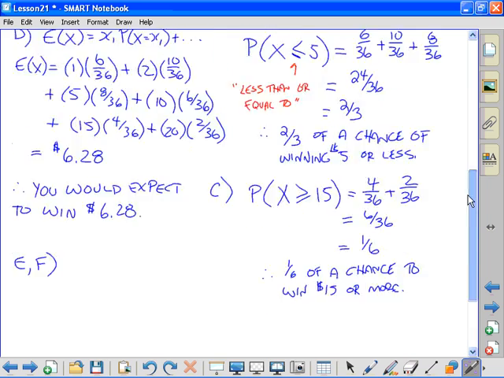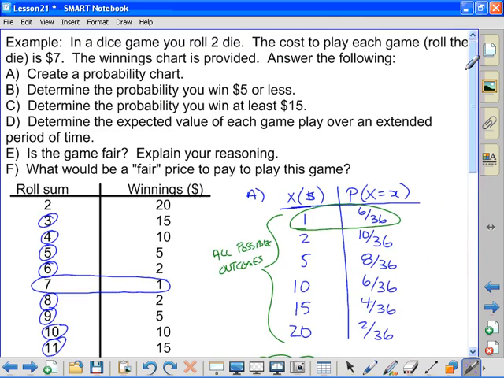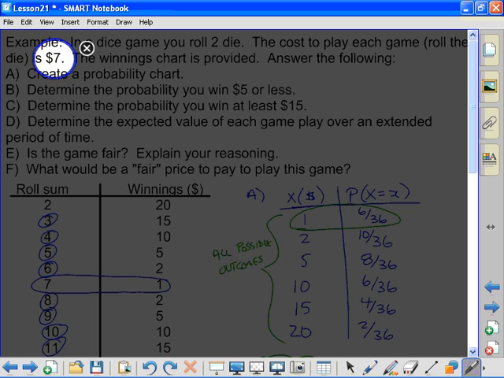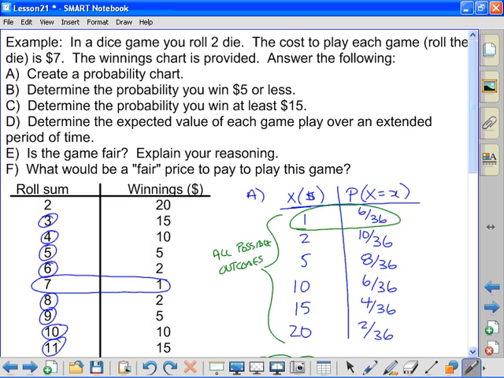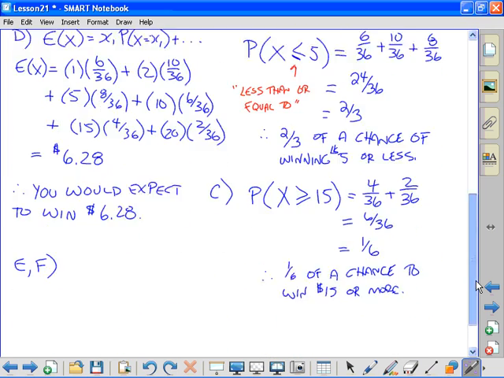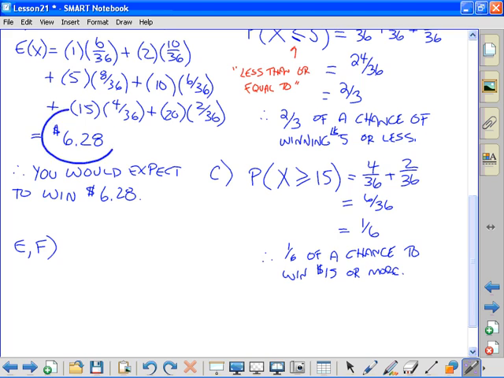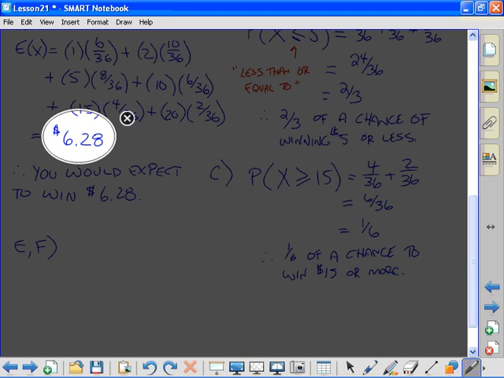To get into this game, for me to roll the dice, I had to pay $7. So if I have to pay $7 to roll, and over a long period of time, if I keep playing this game, I'm only going to make $6.28. Math would tell me that it's not a good thing.